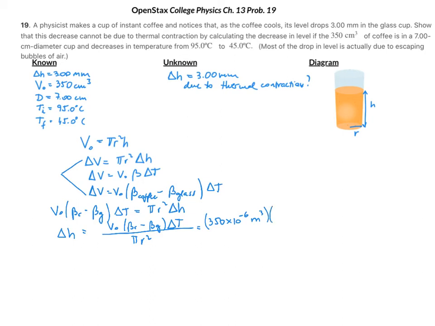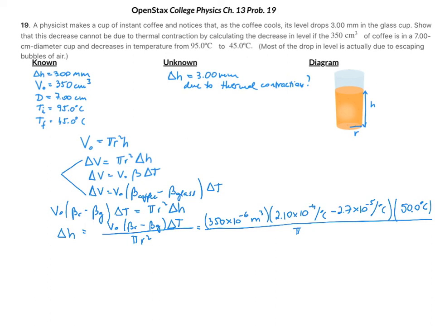Then from tables in books, we can find the coefficient of volume thermal expansion for both coffee, which is roughly the same as water, and glass, and get 2.1 times 10 to the negative 4 inverse Celsius minus 2.7 times 10 to the negative fifth inverse Celsius, times delta T, which is 50 degrees Celsius, divided by pi, and the radius is 3.5 centimeters.